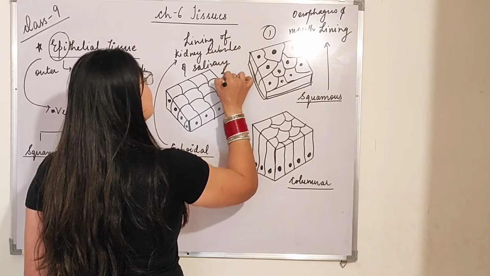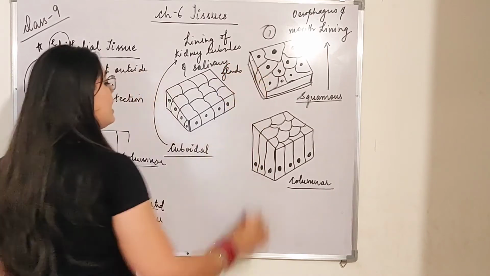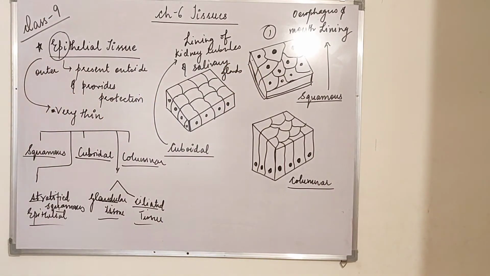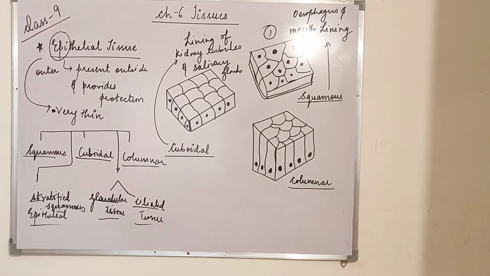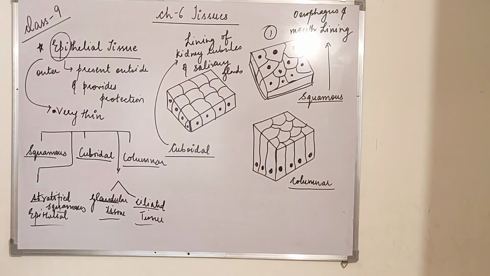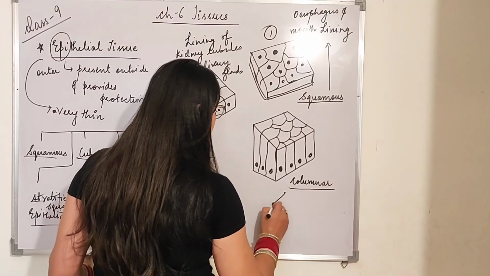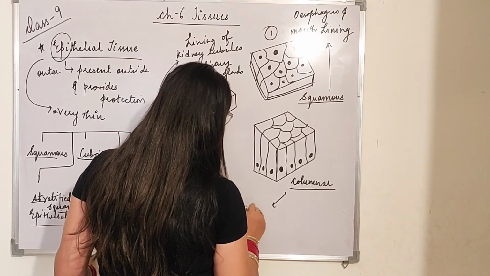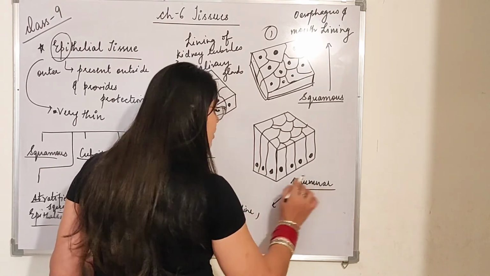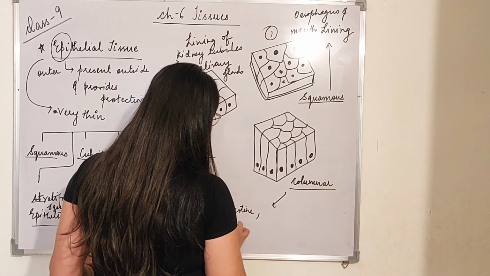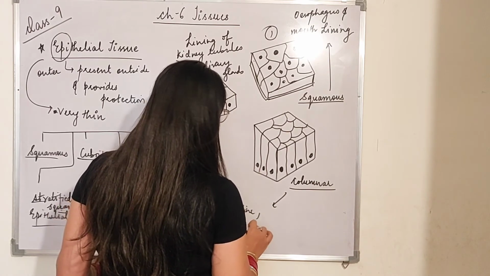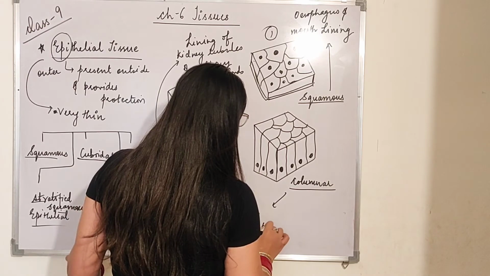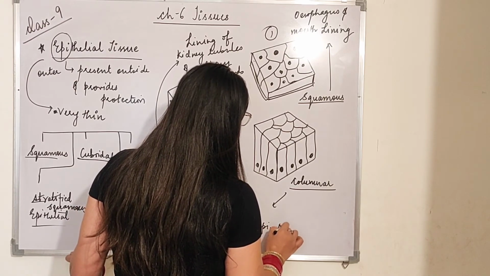Then the next one is the columnar. So columnar is present in the intestine, and if columnar is having cilia, then it is present in the respiratory tract.